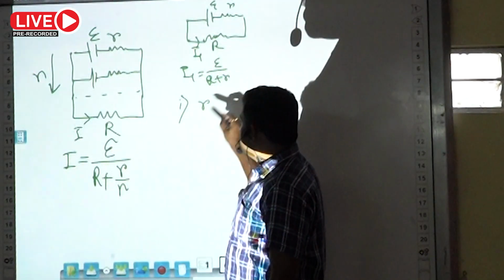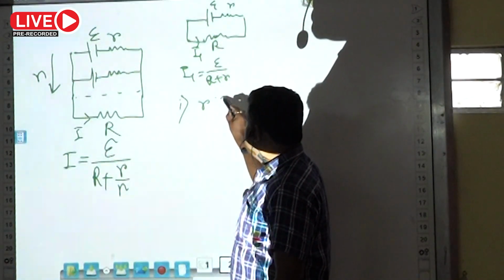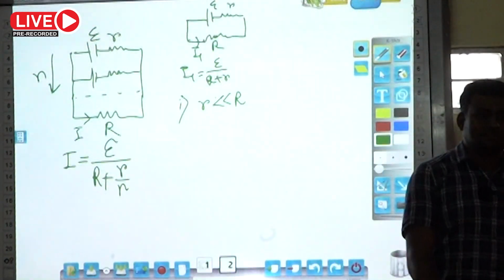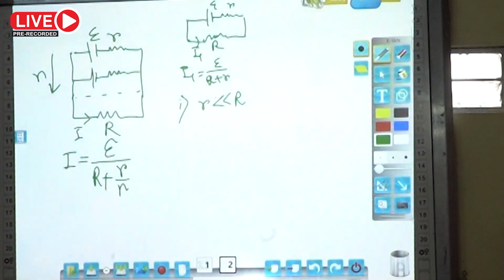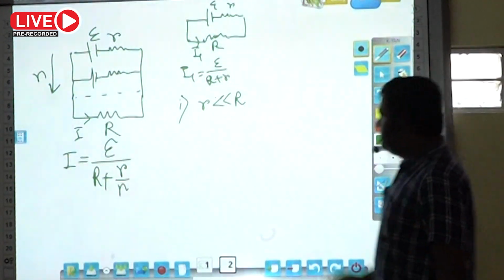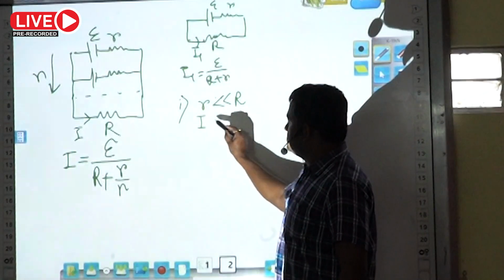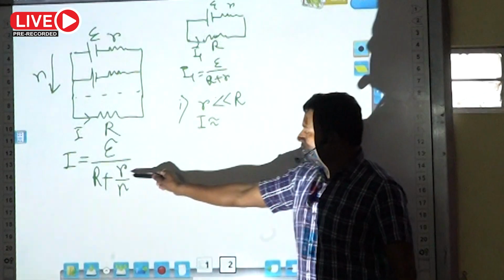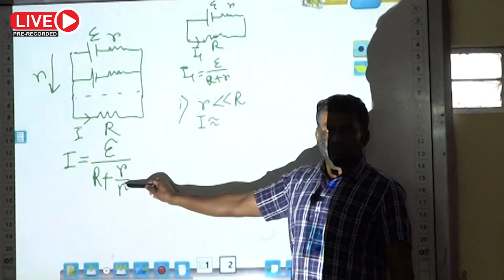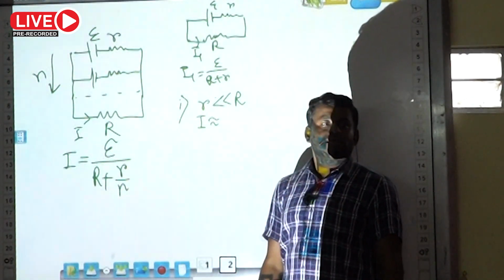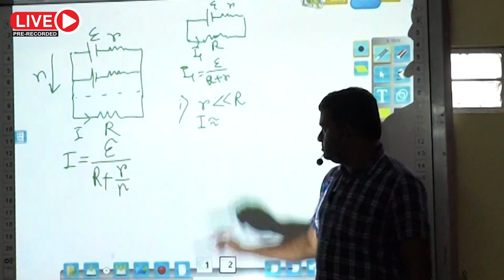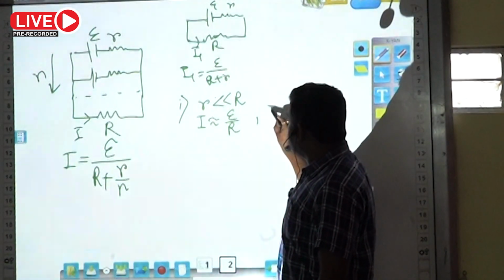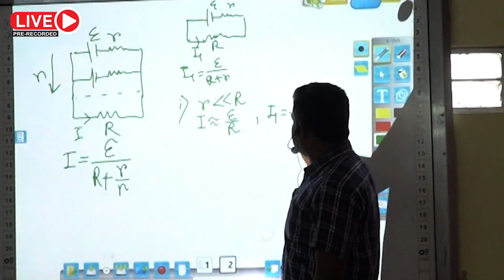First one, small r is very less than capital R. What will be the value of I in this condition? Small r is very small, so just put 0. It will be E by capital R. And what will be I1? It is again E by capital R.